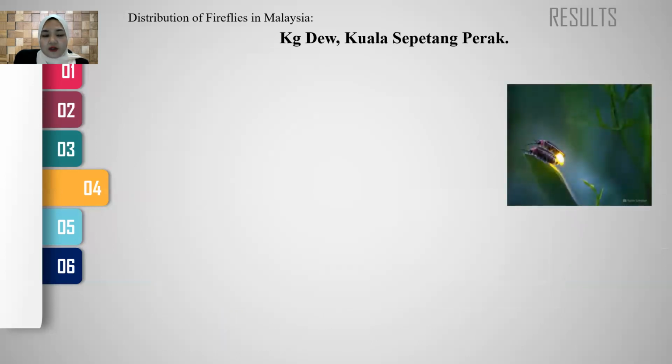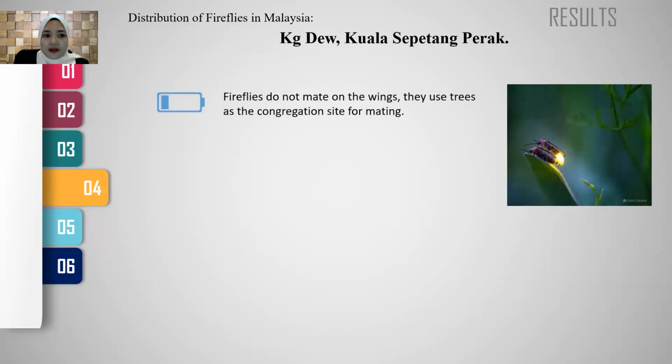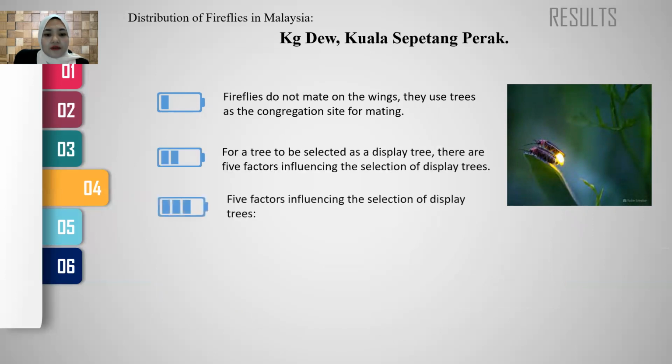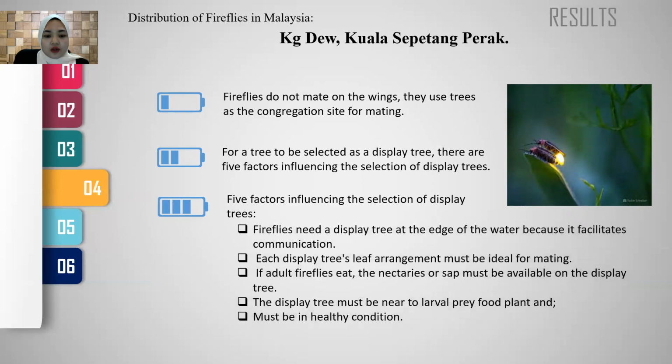Okay, as you can see in the picture, the male fireflies attract their females by emitting light from their abdomen. They do not mate on the wing, but they use trees as the congregation site for mating. For a tree to be selected as a display tree, there are 5 influencing factors.